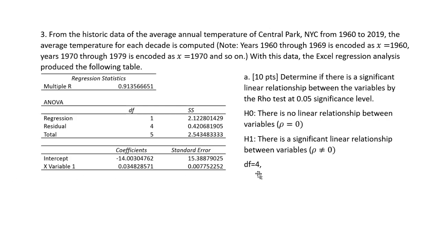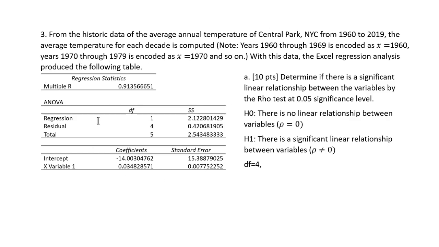And then degrees of freedom is n minus 2. And actually, if n is not given, it's the residual degrees of freedom. Okay, so residual degrees of freedom is the degrees of freedom for simple linear regression.